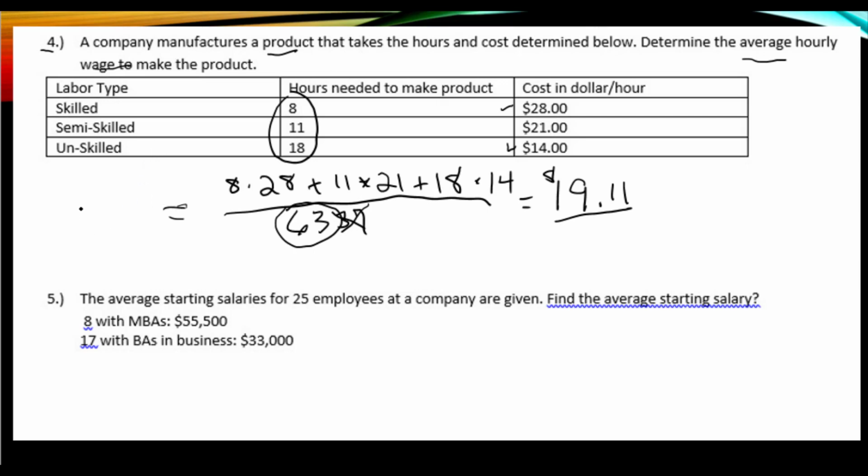And I get 11.22. Well, it should be obvious that the average cannot be less than 14. So if you do a problem and you come up with a ridiculous answer, it's usually because you swapped out the weights and the data. You've got it backwards.